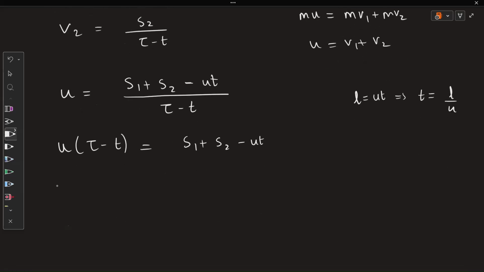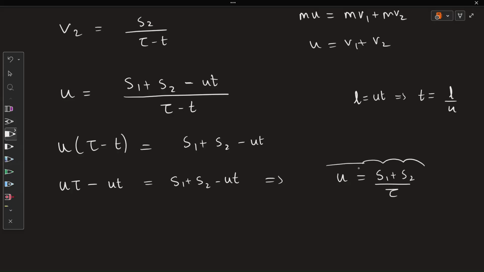So u tau minus ut is equal to s1 plus s2 minus ut. So directly you can see that u is nothing but s1 plus s2 by tau. So you got the relation for initial velocity u.